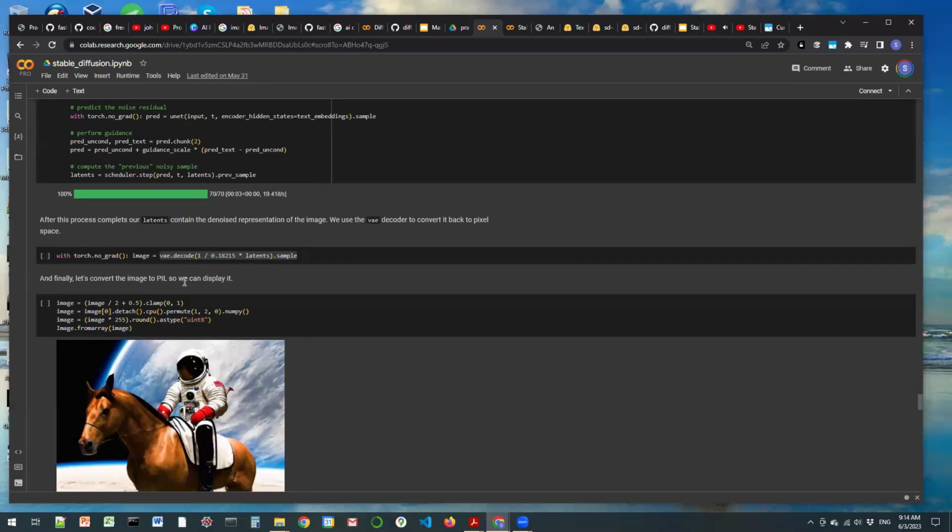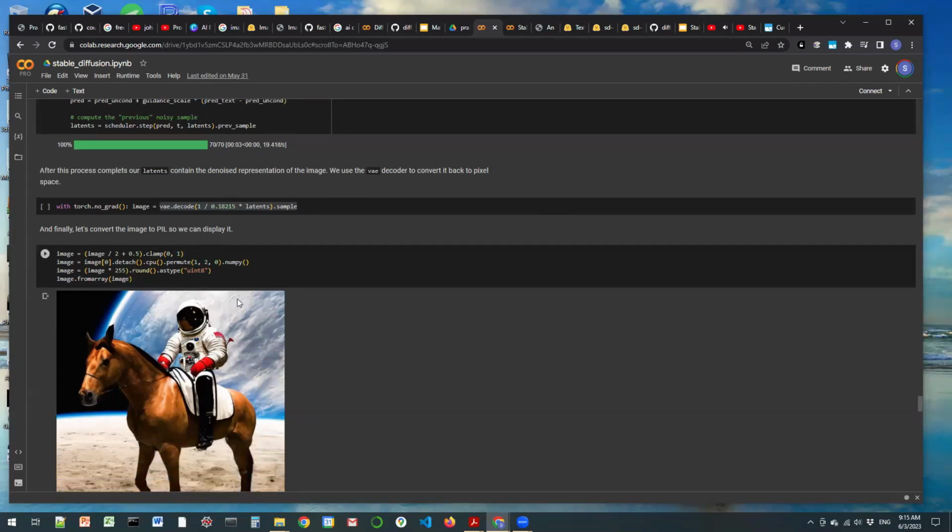And now we are in the pixel space, but the pixel space still needs some tweak because the pixel space is -1 to 1. When we get out of this process, we convert it and do these things in the particular cell that I'm highlighting, and out pops the actual 512 by 512 by 3 image.